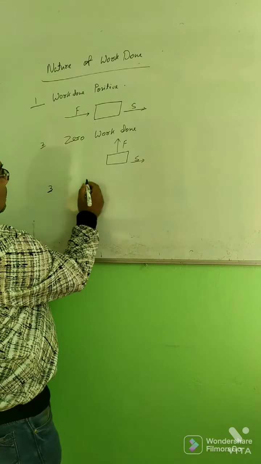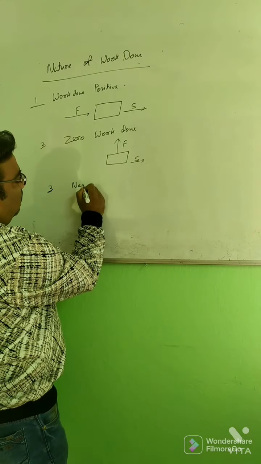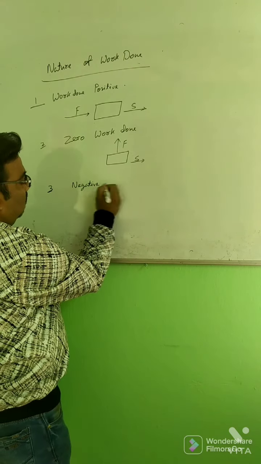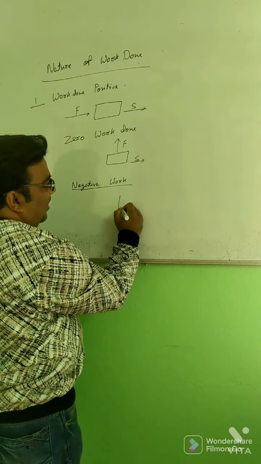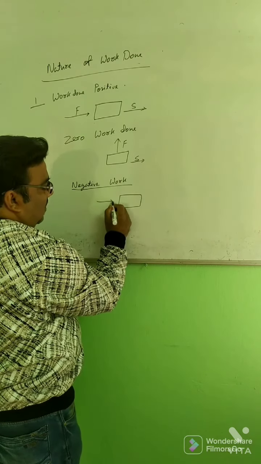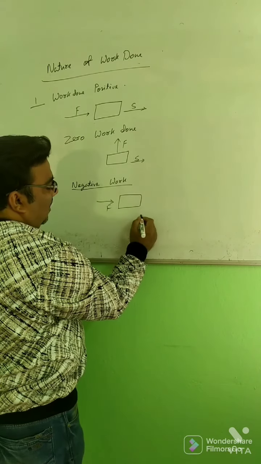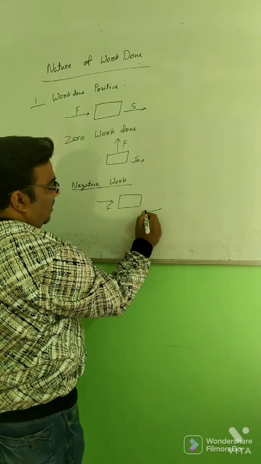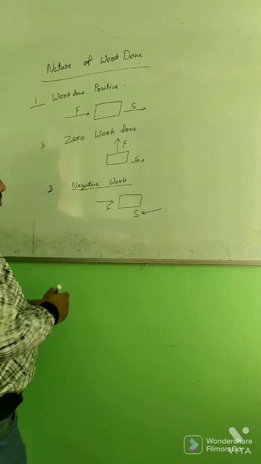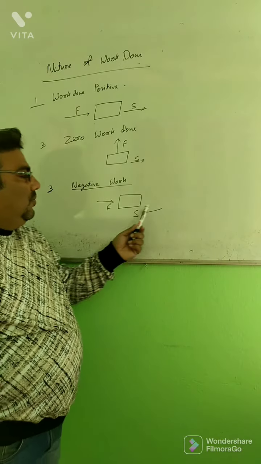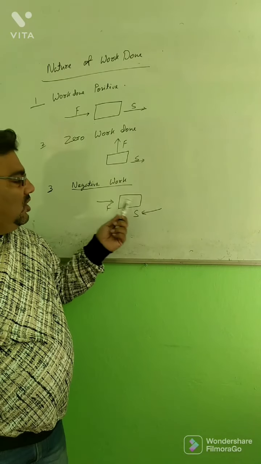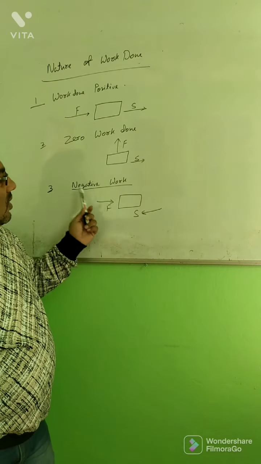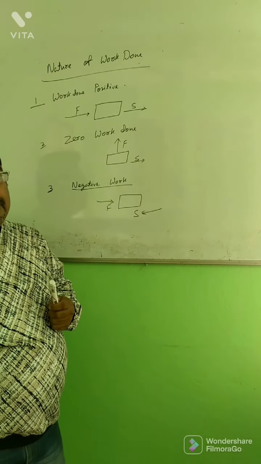Third case of work done, negative work. When the direction of force is in this direction, but the displacement of the body is in the opposite direction to the force, then work done is said to be negative work.